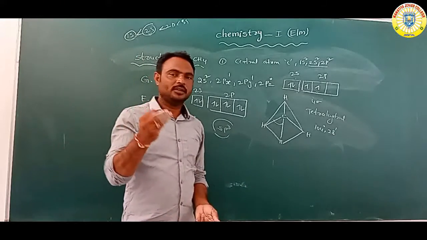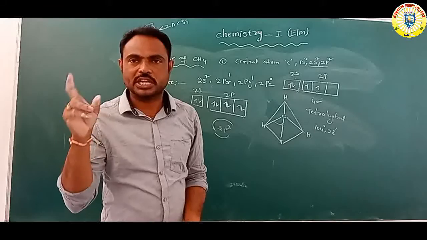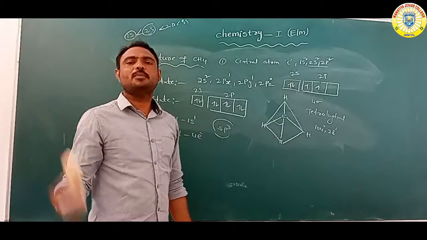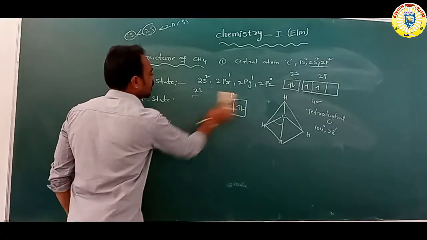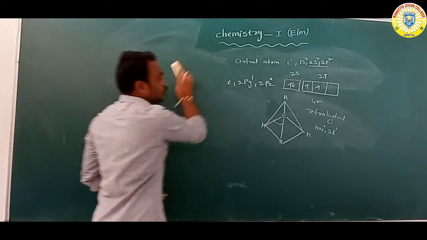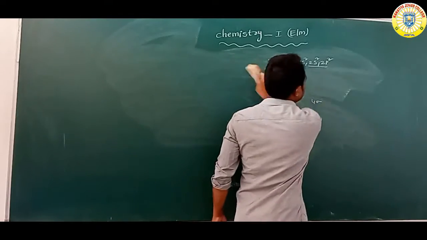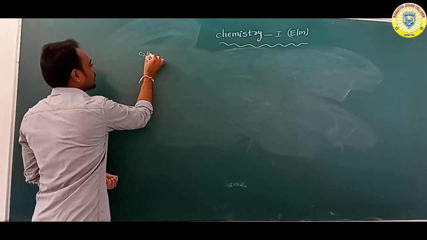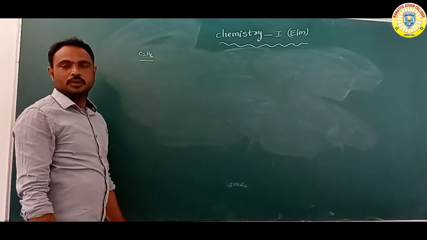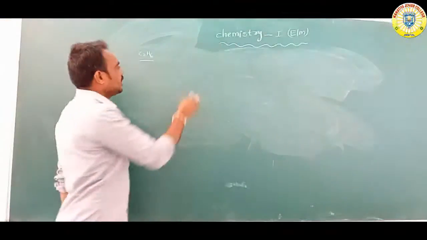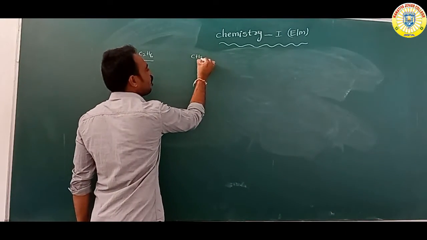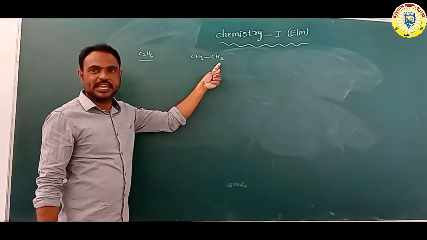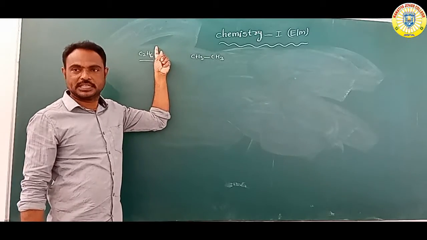Okay, next we will discuss the structure of ethane. What is the formula of ethane? C2H6. Very good. We can write another structure, CH3 bond CH3, which means C2H6.